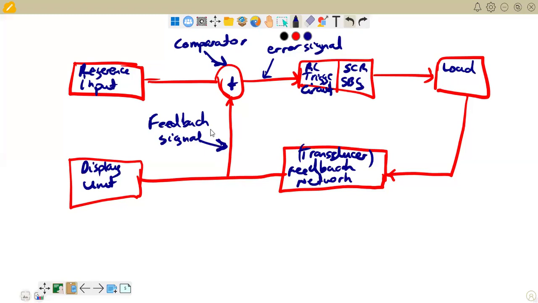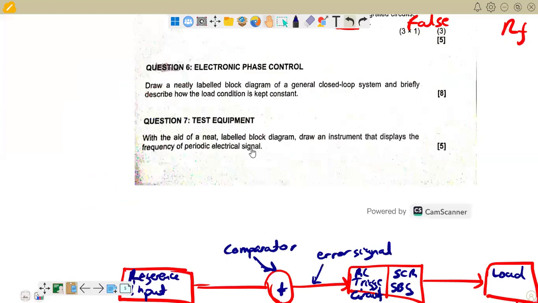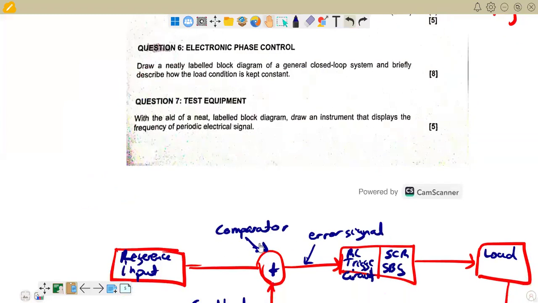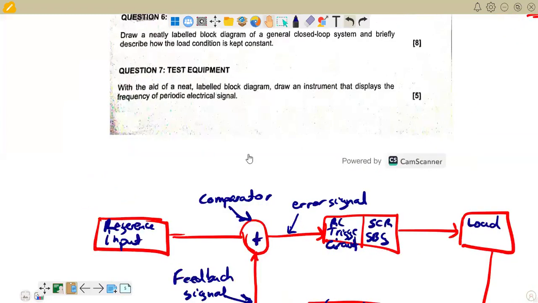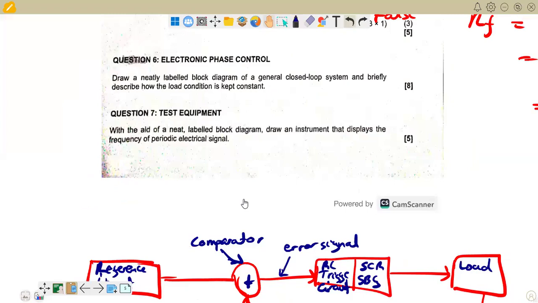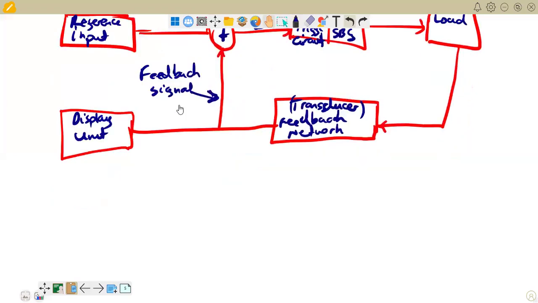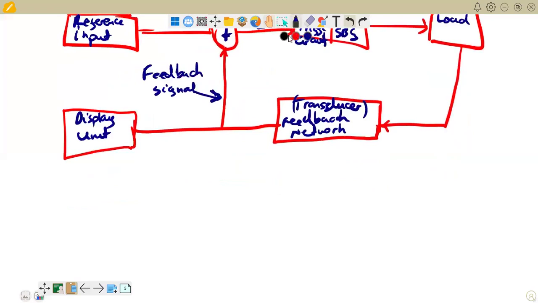That's our diagram. Then the question had said, with the aid of a diagram, draw and briefly describe how the load condition is kept constant. That's what we had been asked to explain. So in description, in point form, of course, it's good to write that way.